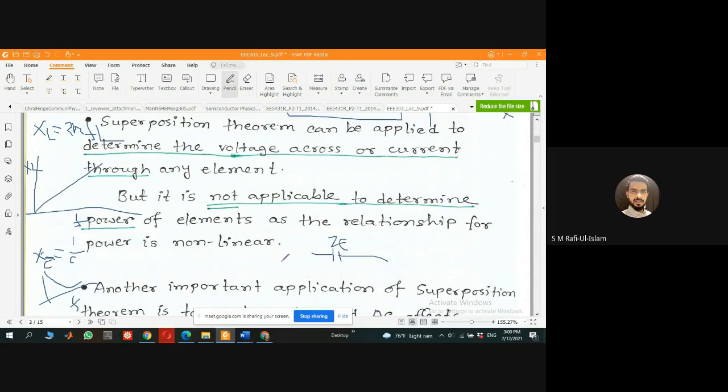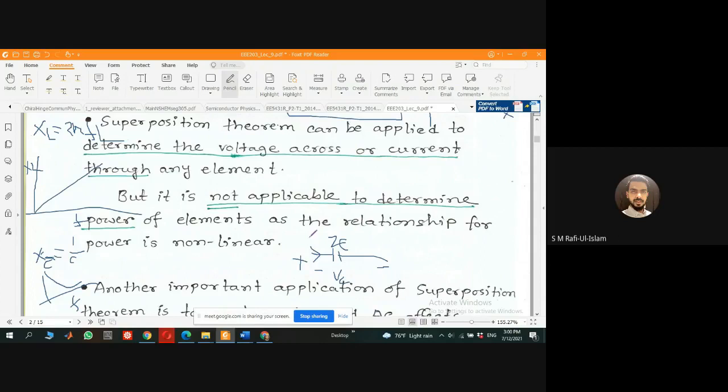Now when you apply the node analysis or the loop analysis, the things you have learned, let's say that this voltage is VC. Tell me, what is the current passing through this? Forget about the superposition theorem.